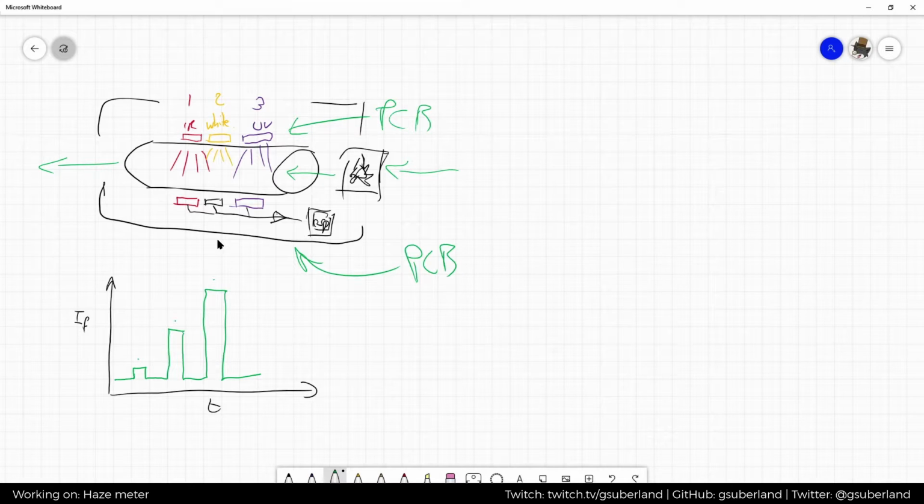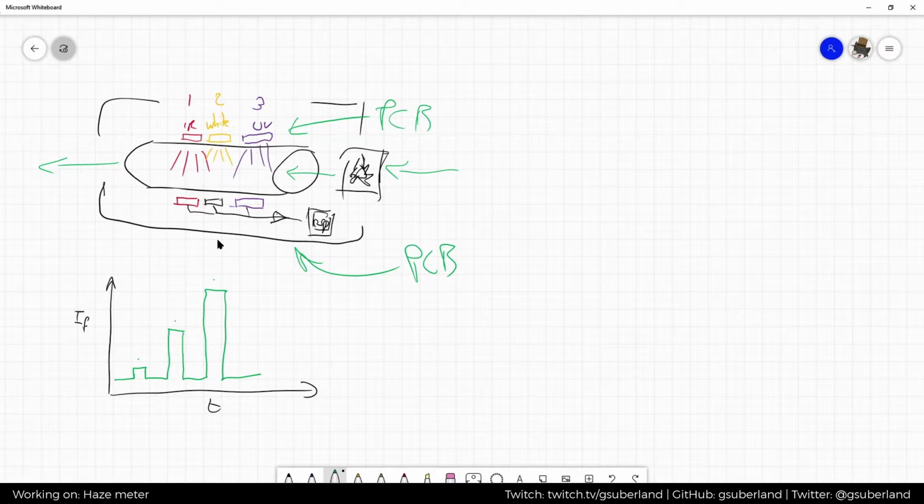And I'll probably just use, I don't know, wood or something. I might even just zip tie them to the glass. So basically just arrange them around the tube and then just zip tie both ends of the PCB.